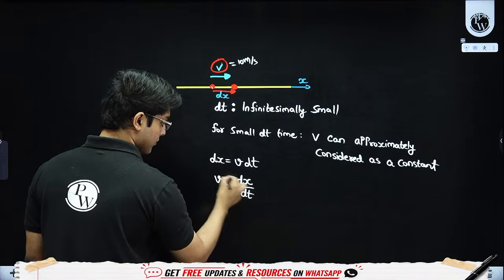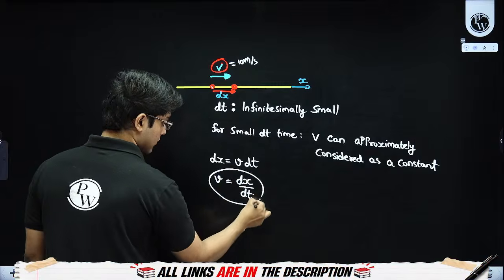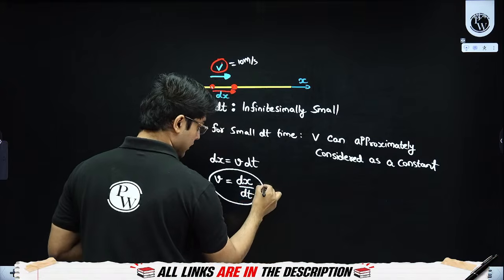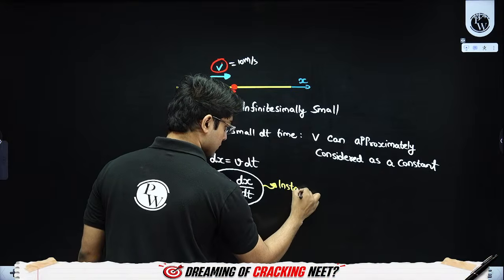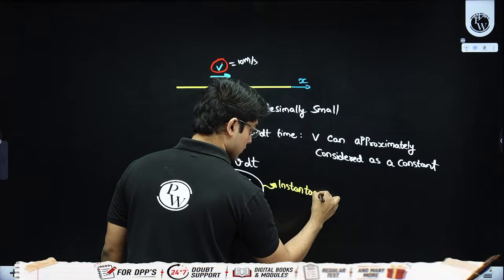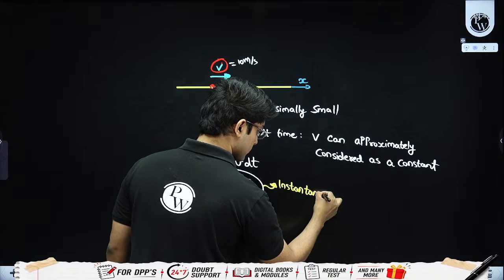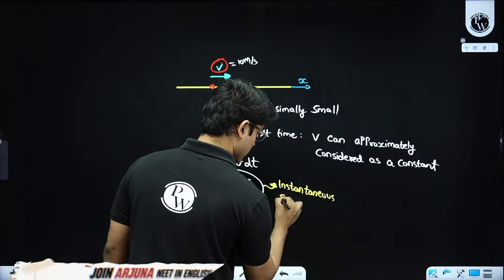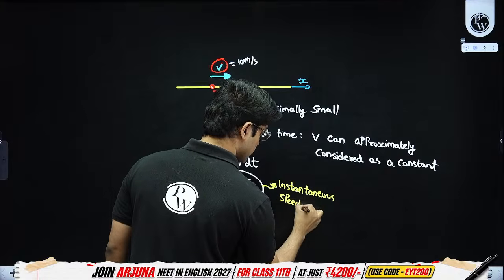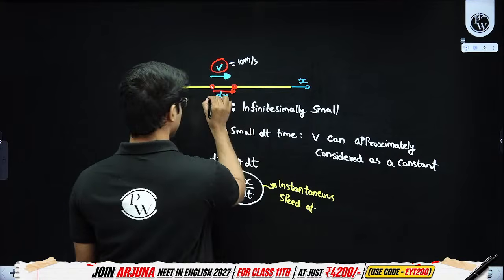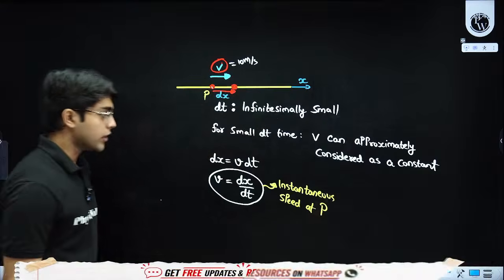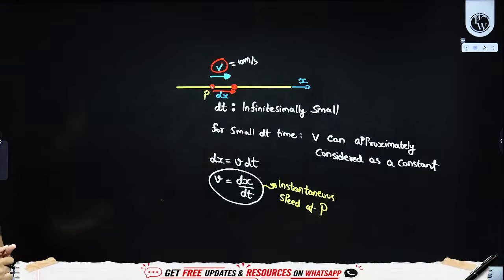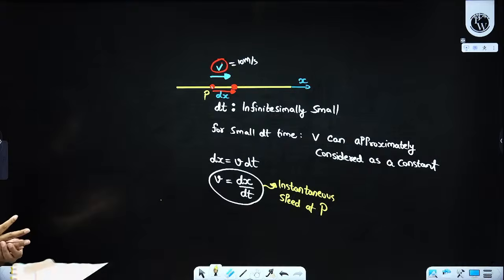So this is the instantaneous speed at, let's call this point, point P. At P, this is how we define instantaneous speed.